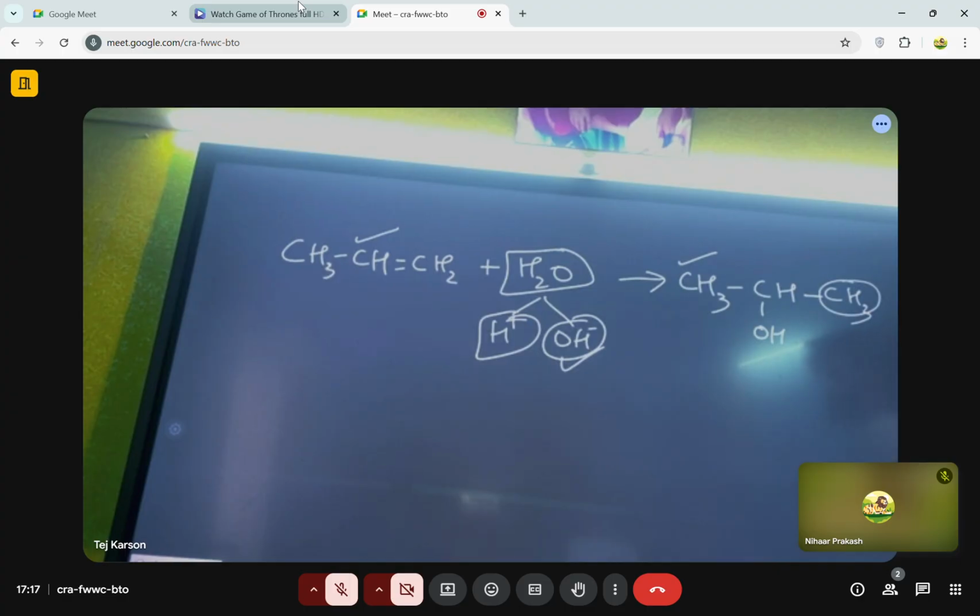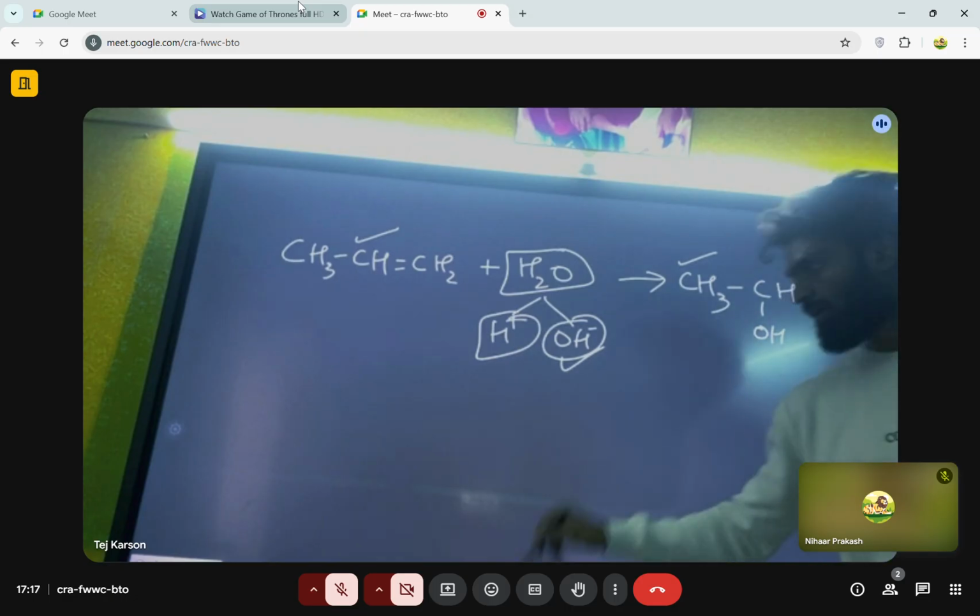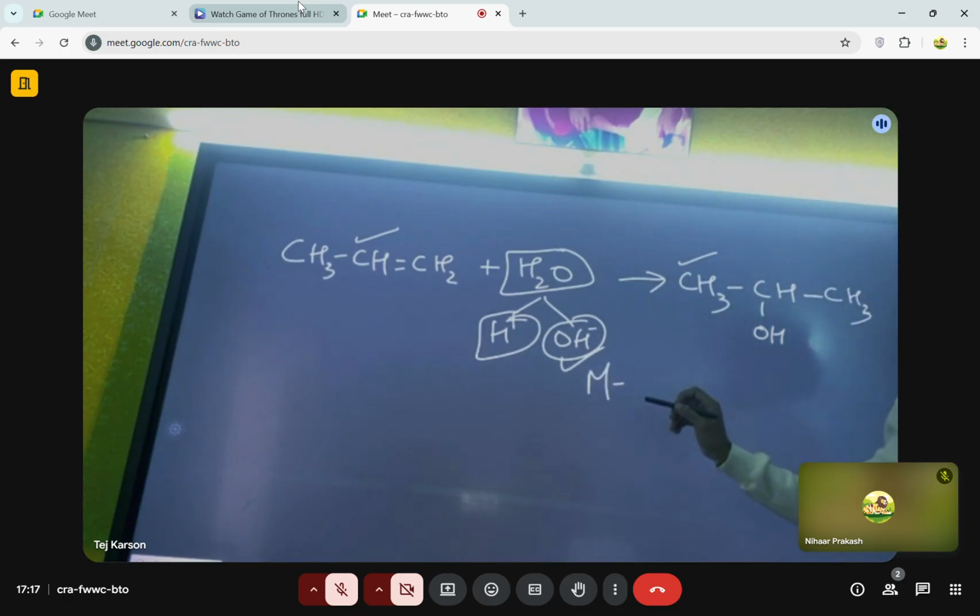Correct? Copy. So my teacher says a kind of similar definition for Markovnikov's rule. She says the negative part of the adding molecule goes and sits on the carbon with the double bond.